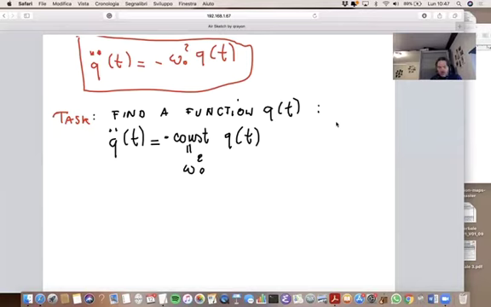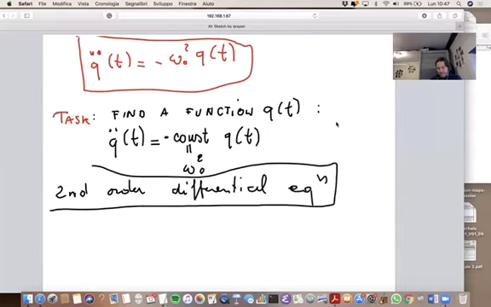There are methods to solve differential equations. First of all, let's acknowledge this is a second order differential equation. So let's find out how to solve this second order equation.